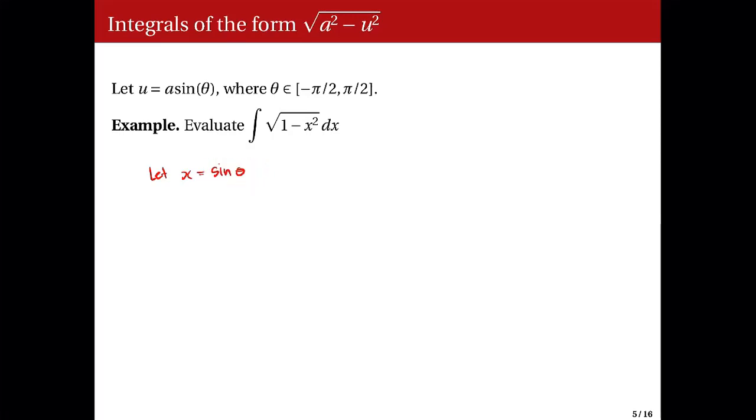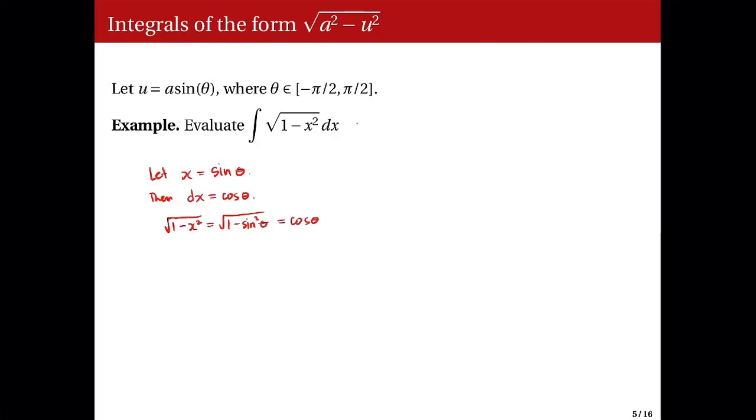Then dx is equal to cosine theta d theta. And furthermore, you have the square root of 1 minus x squared. This is the square root of 1 minus sine squared theta. And this is simply cosine theta.